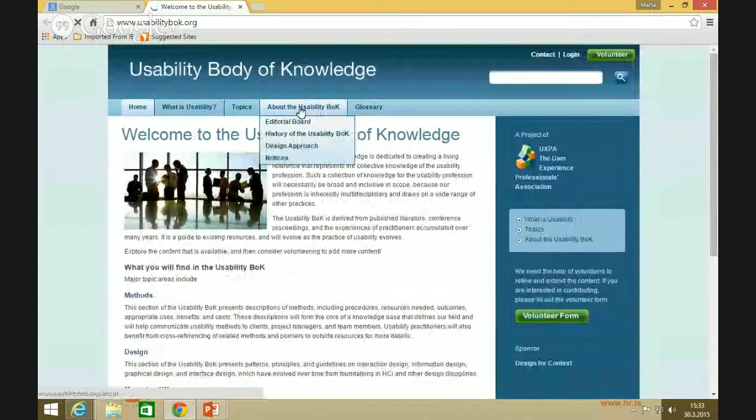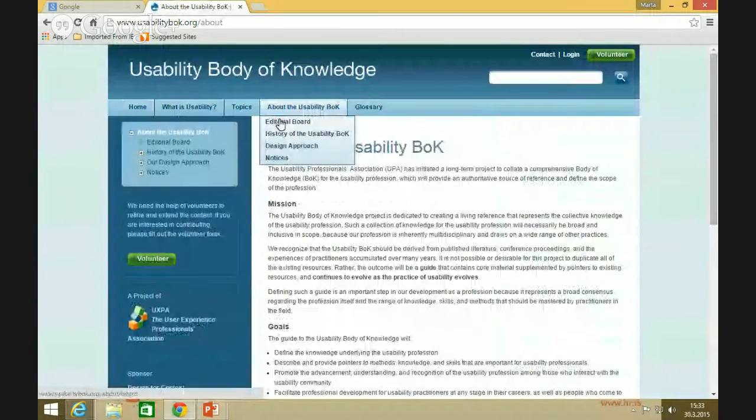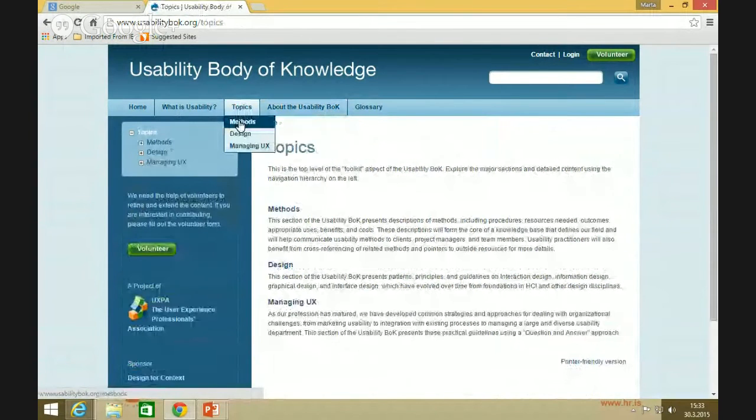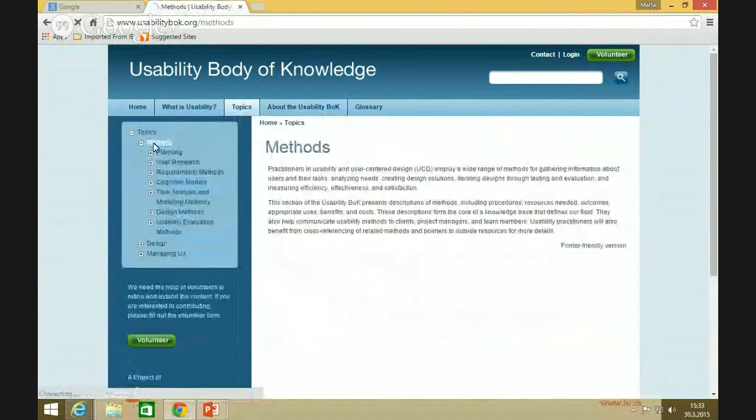So this is the one. And wait. Is it here? No, topics. Yeah, sorry. Methods. So here you have different methods for usability evaluation.